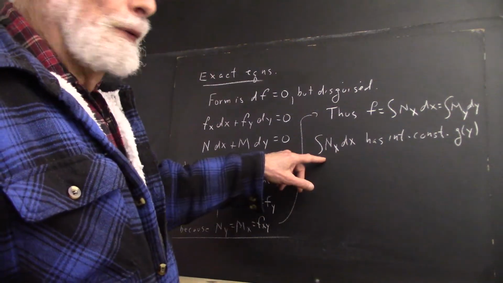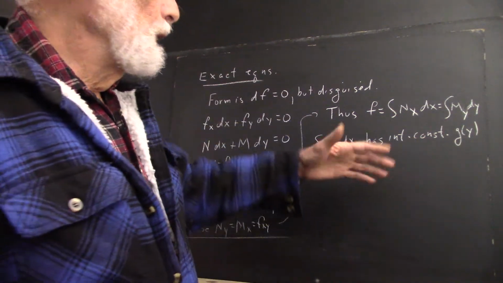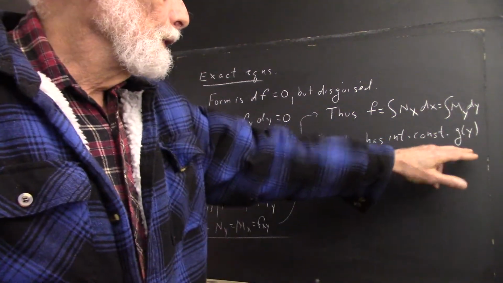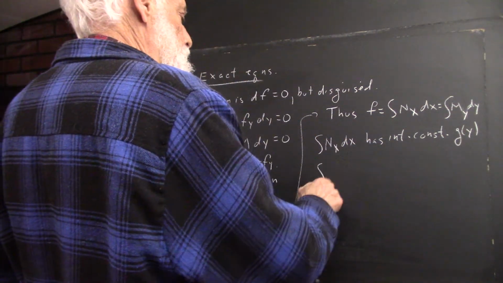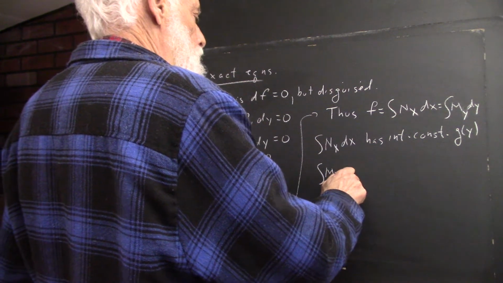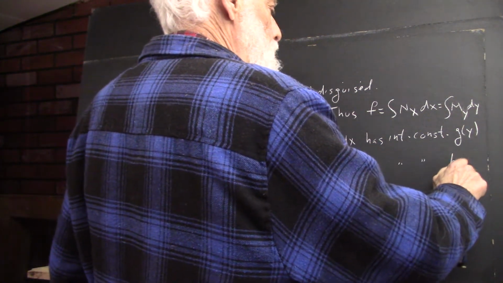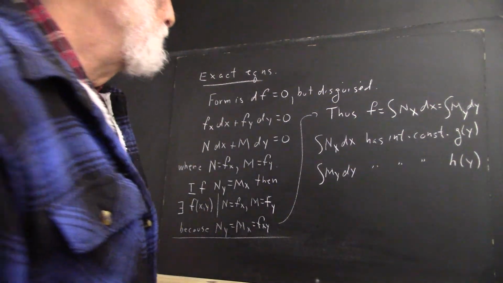Since you're integrating with respect to x, your integration constant, well, any function of y is constant with respect to x. So you're going to get this function, and the integral of m with respect to y has integration constant h of x.